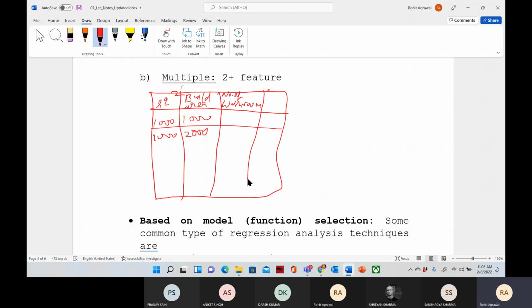So number of washrooms is 2, then 3, and we have also created a third floor. And this is the price, which is given to us. So when we have more than one feature, it is called multiple linear regression. Clear?